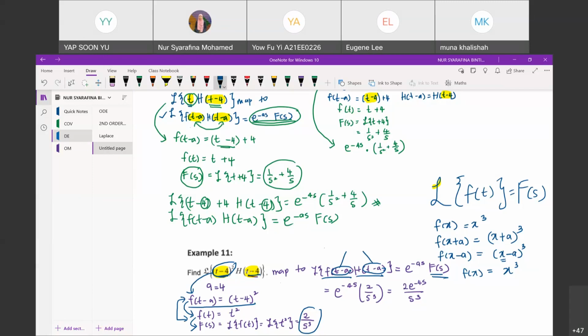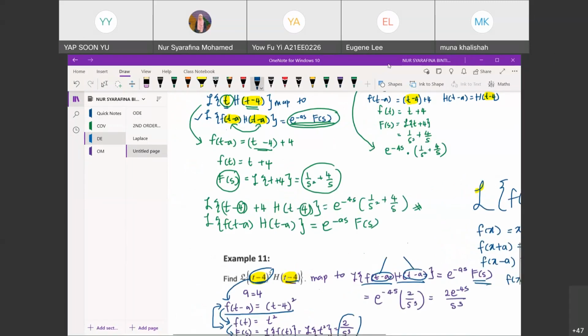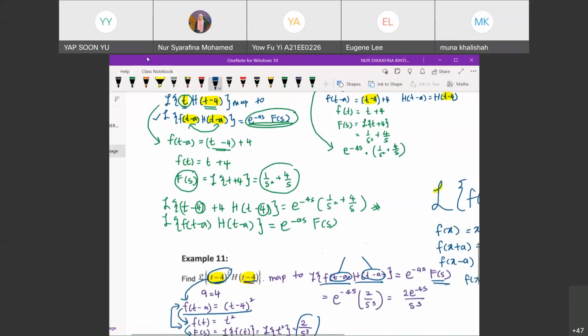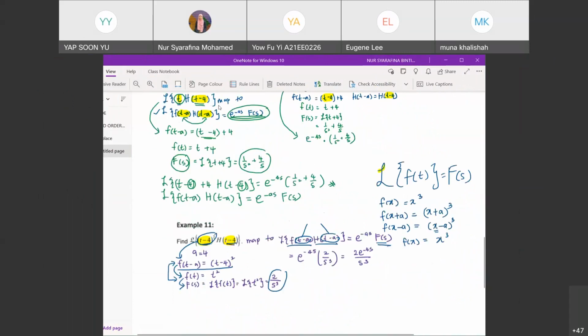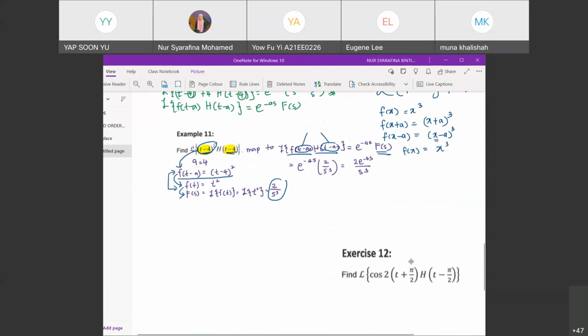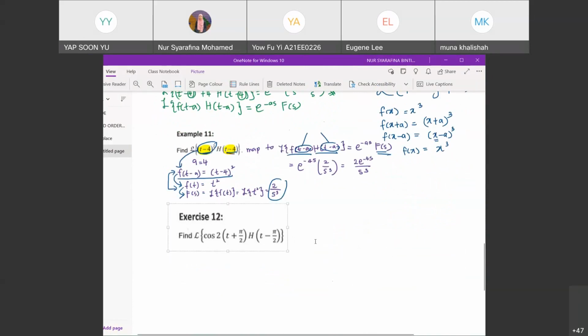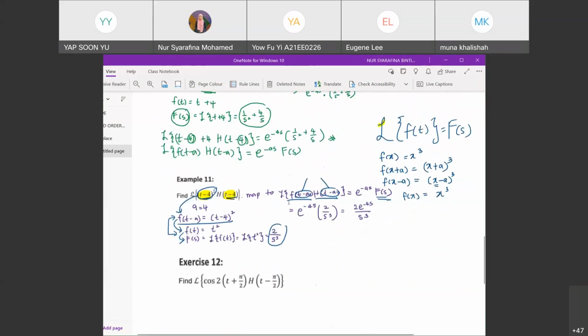Okay, let's try another example. Now, as you can see here, do those f(t minus a) and h(t minus a) have an equal expression or not?